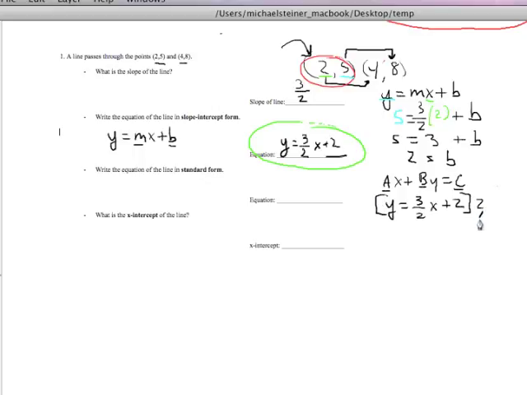And I would really encourage you to draw these lines so you don't forget any term. So we have 2y is equal to, 2 times y is 2y, 2 times 3/2 x is 3x, 2 times 2 is 4. But we're still not in this form. We want ax + by = c. We're not done yet.